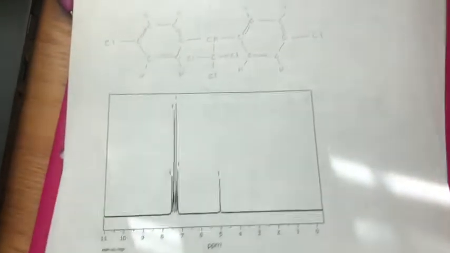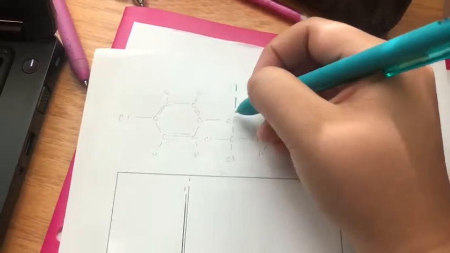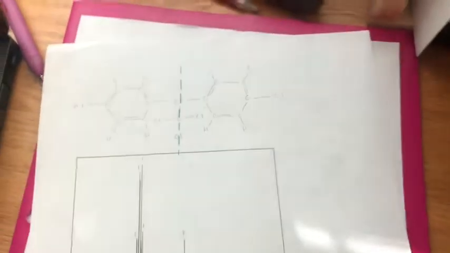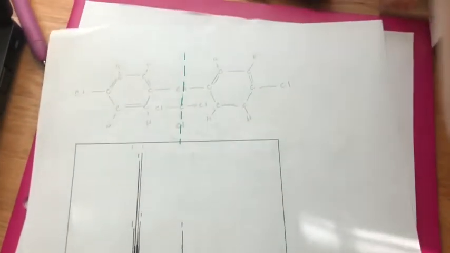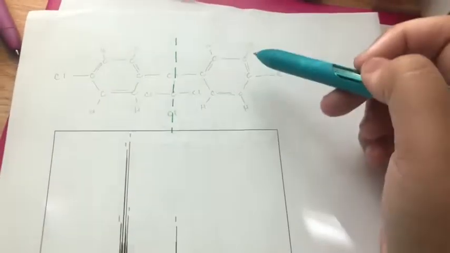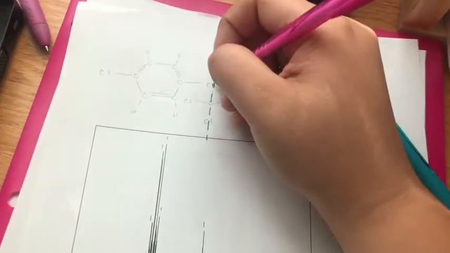Okay, so as you can see, let's draw a line down the middle, and it's the same on both sides. So this HNMR actually only shows the hydrogens on one side, because all the hydrogens on this side are the same as the hydrogens on this side. We also have an H here, just make sure you still see it.